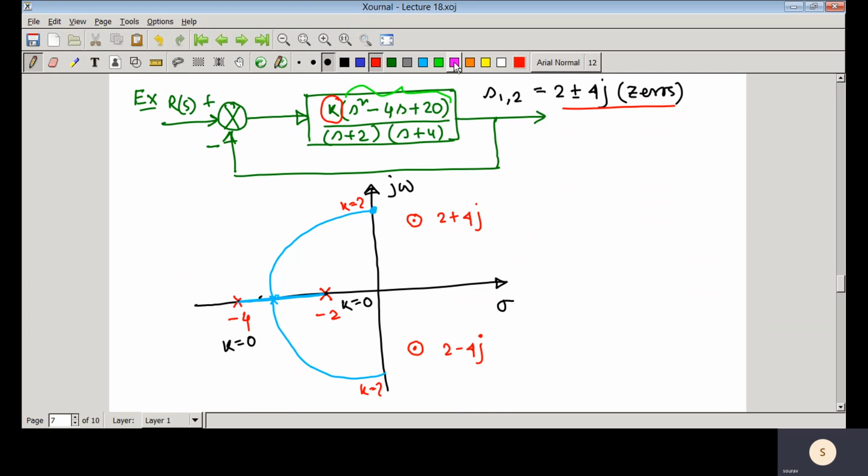Now the question is, when k tends to infinity, how will the root reach this particular zero? So we need to find the angle of arrival.